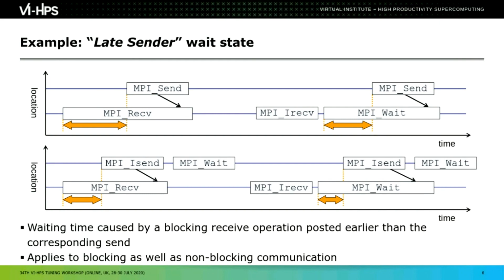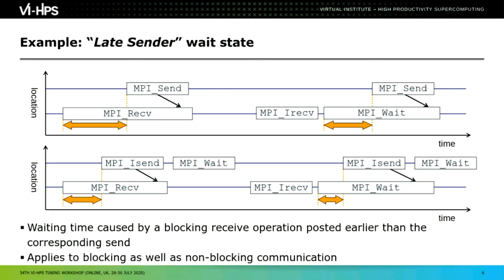So this dark, large double-sided arrow here on the second line is indicating a wait state on the second process, where from when it entered the MPI receive, it had to wait at least until the point when the corresponding send was initiated on that process. If we consider the non-blocking scenarios, the one on the right here, it may be a non-blocking receive, which is fine.